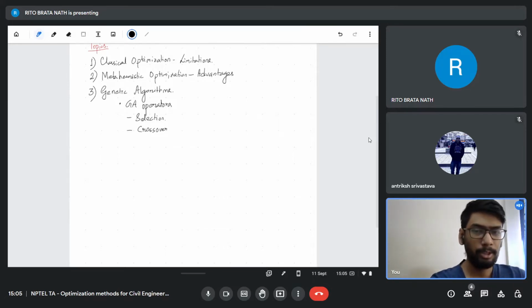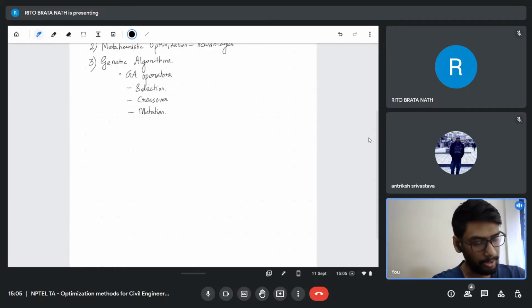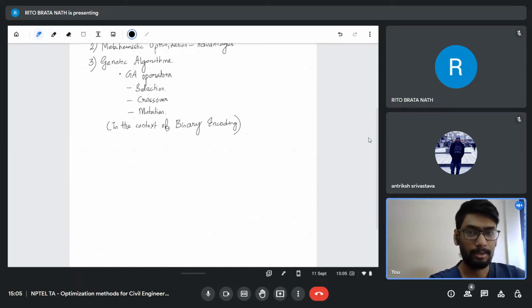We'll talk more about it in the context of binary encoding. All this discussion in this week's content will be in the context of binary encoding. In the next week's discussion, there will be some real encoding that will be discussed. So these are the main topics that have been covered in this week's classes.